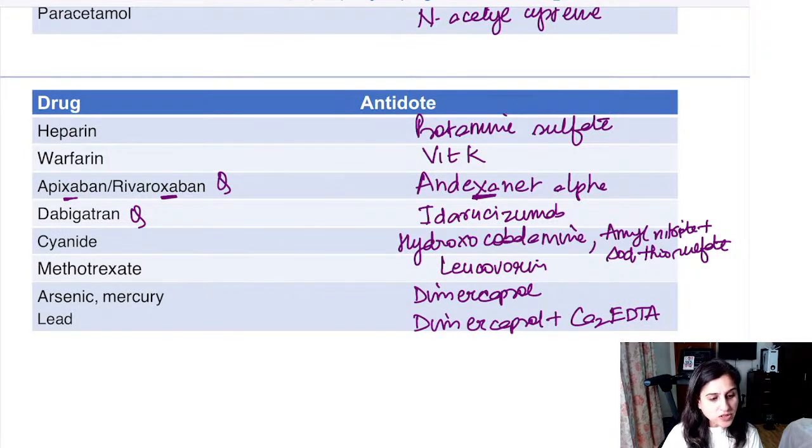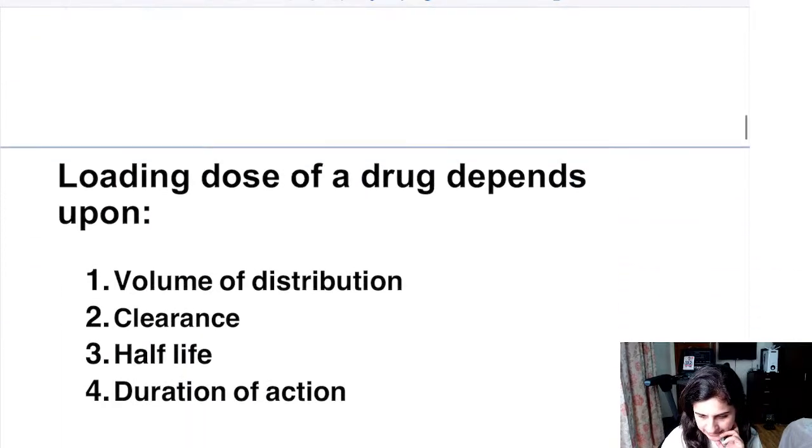Okay, plus calcium EDTA. So these are some important antidotes and poisonings which really are important, and they should be on your fingertips. A lot of antidotes get covered here. Okay? That is important for now.